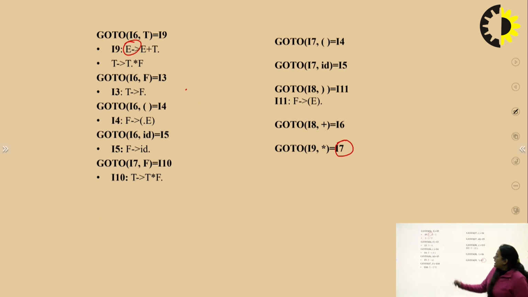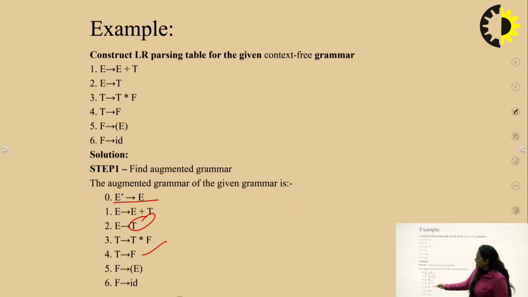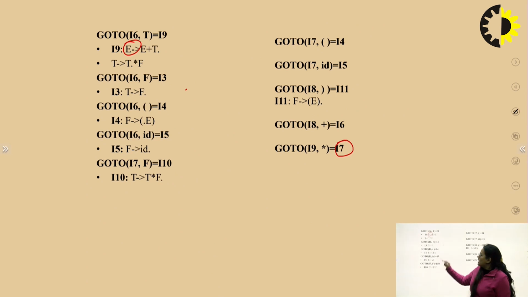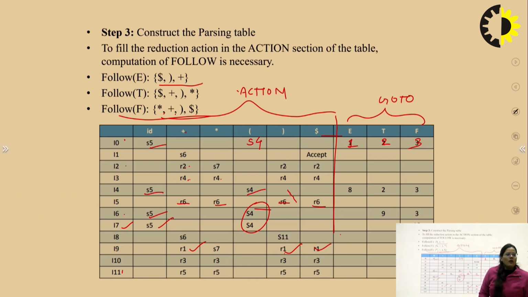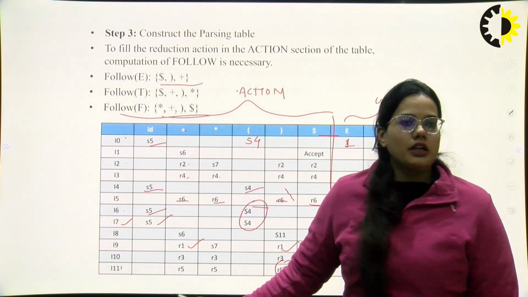Next production is T implies T star F, which is production 3, so we make R3 entries. Reduce entries will be done in this form.